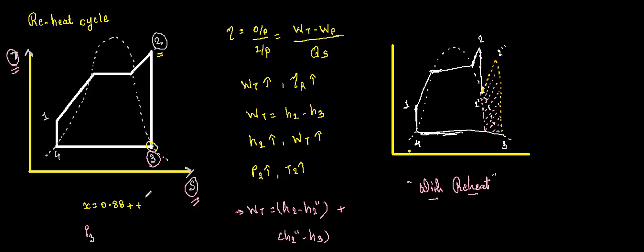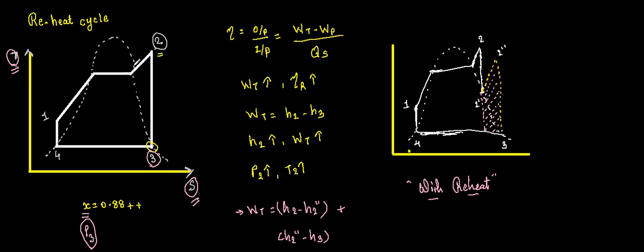Whenever the pressure is falling down, the steam available at point number 2 is converted into liquid as the pressure falls. So if point number 3 lies here, at that time the condition of the steam is 100% saturated gaseous, meaning there is no presence of liquid in it.